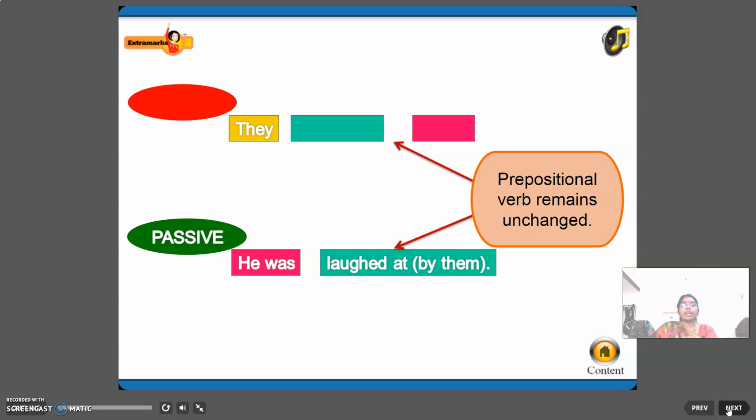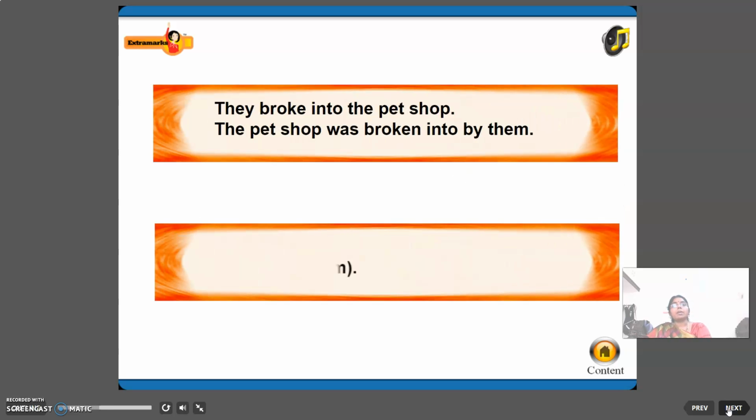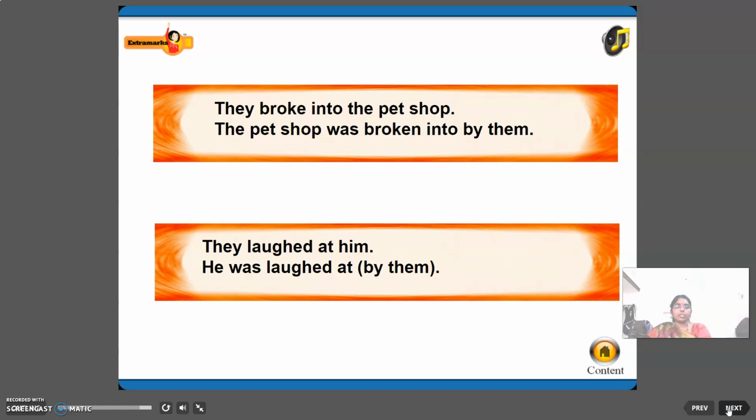They laughed at him. He was laughed at by them. So laughed at is the prepositional verb. It remains unchanged. They broke into the pet shop. The pet shop was broken into by them. So broken into is a prepositional verb. It will be the same.